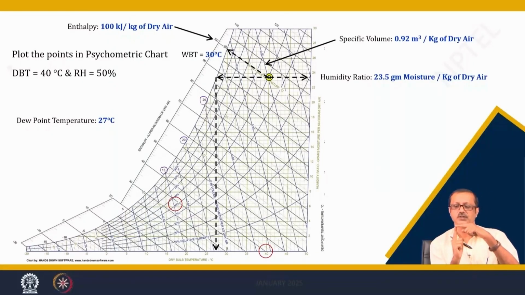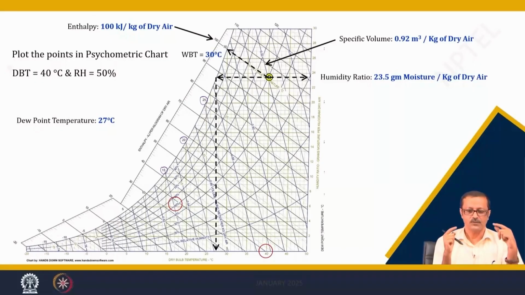So, any two given data is required to get the first point, and that point now gives you other data. And why we always go with the WBT and the RH is because a hygrometer will give you these two data. It is giving you the air temperature, it will give you the relative humidity.